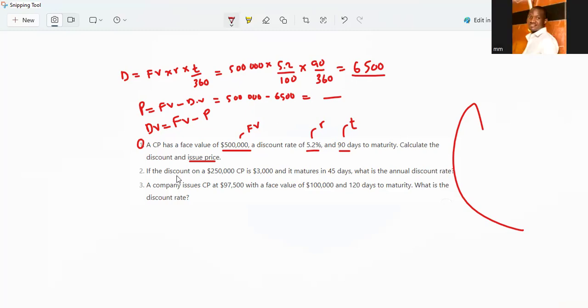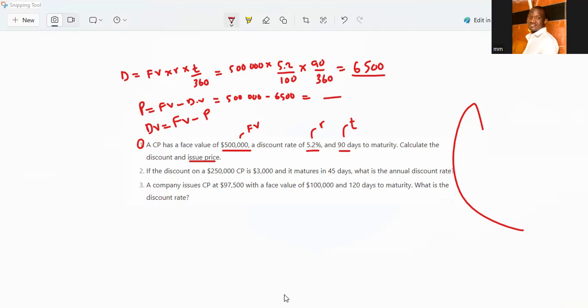Then question number 2: if the discount on a 250,000 commercial paper is 3,000 and it matures in 45 days, what is the annual discount rate? I explained that sometimes you can be asked to calculate the annual discount rate.